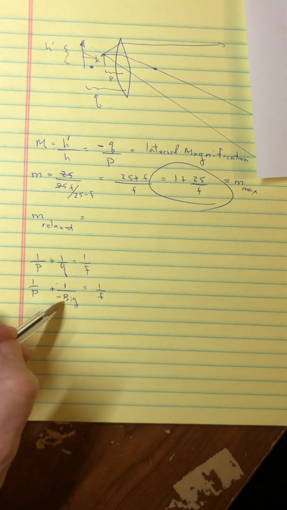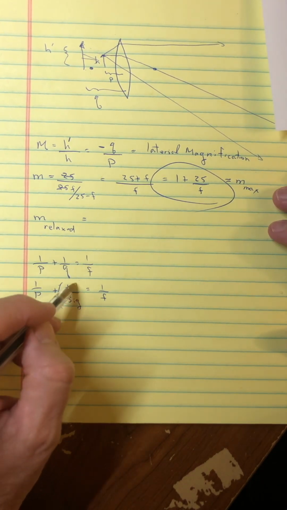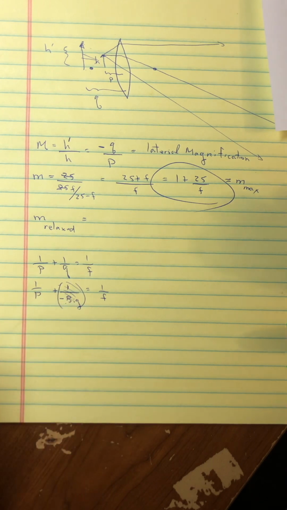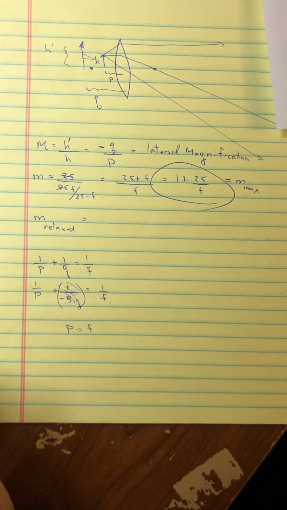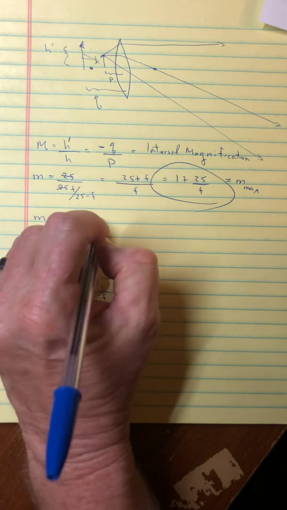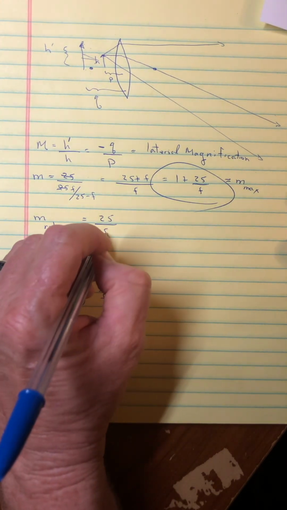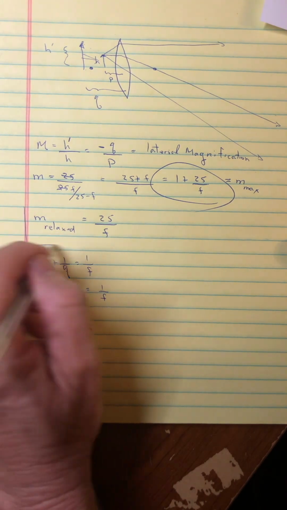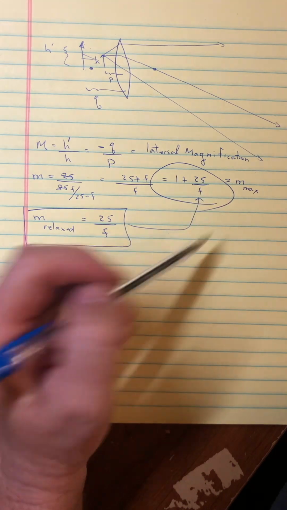Although 1 over a positive big and 1 over a negative big, I'm still going to say is 0 and negligible. But then you get p equals f. And if you take that back to here, where we got our angular magnification, we can say it is 25 over just the focal length, which is this back term. And that's most of the magnification anyway.